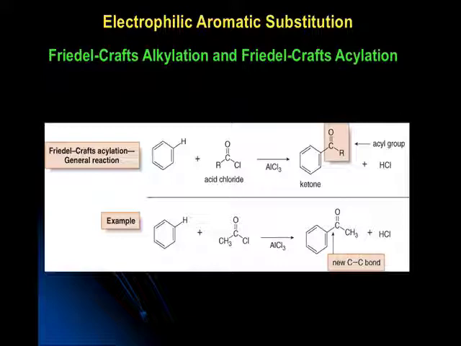But what other ways do we know of generating carbocations? What other functional groups can we convert into carbocations? What other reactions have we done where a carbocation has been generated?